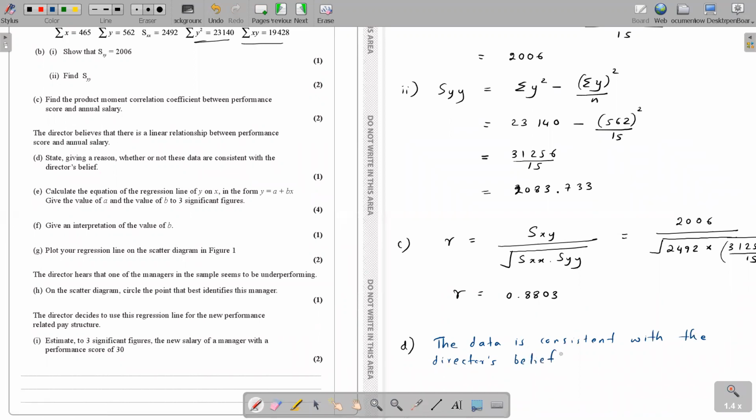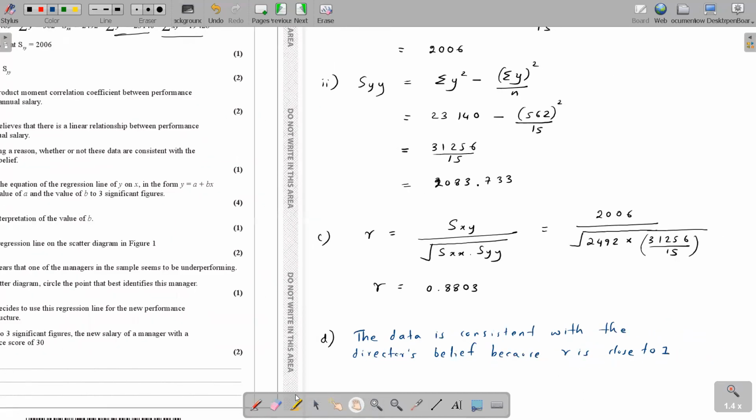The data is consistent with the director's belief. Why? Because the product moment correlation R is close to 1, or you can say there is a strong positive correlation.